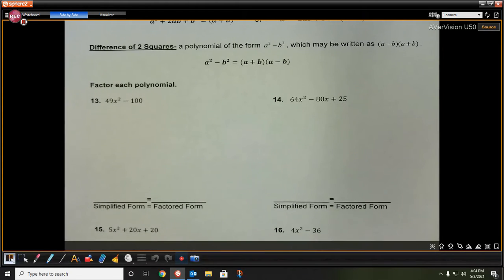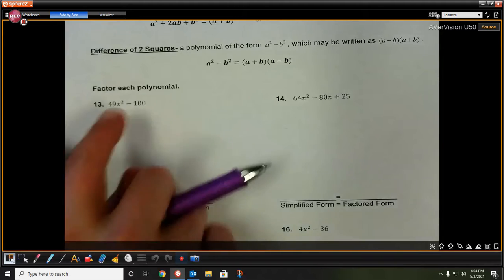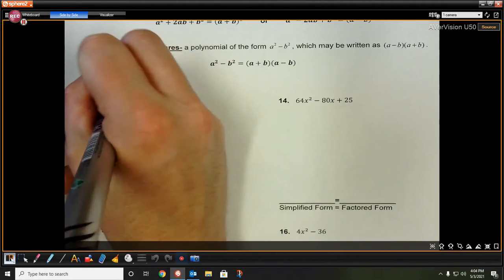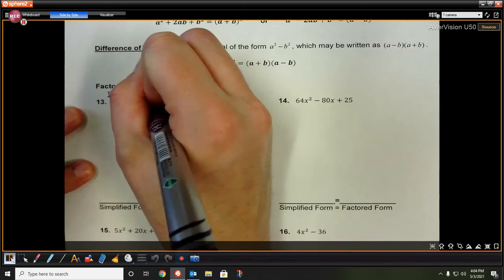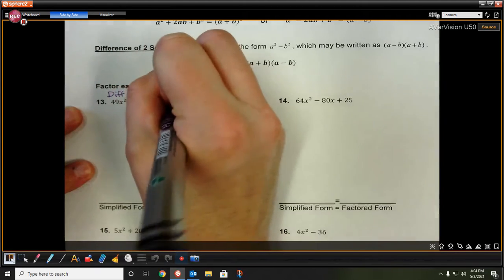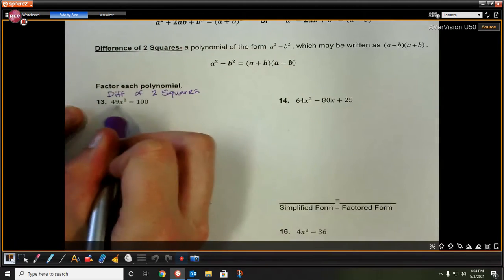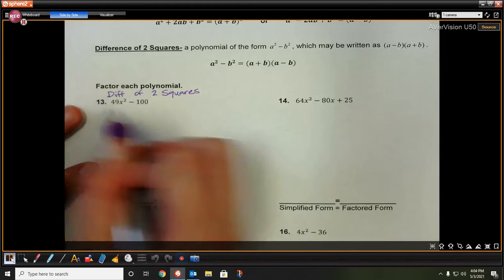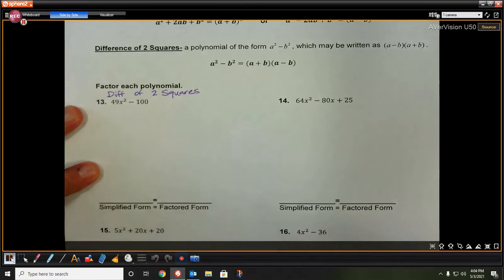When we look at this particular problem, we notice that this is a difference of two squares, because the first term is a perfect square and the last term is a perfect square. I'm going to do this in two different colors so we can see it.